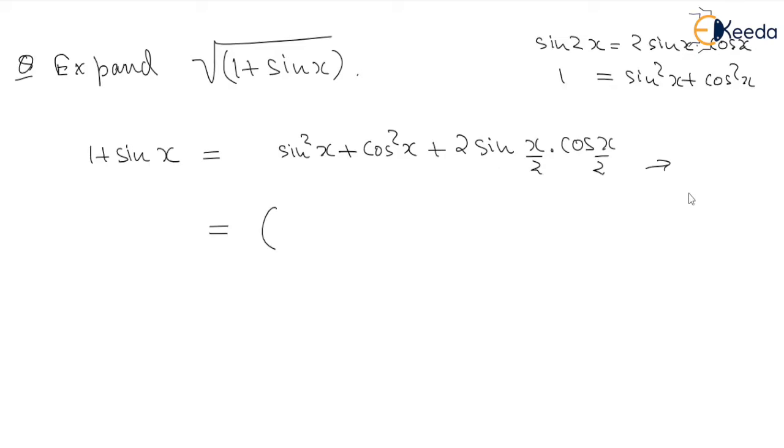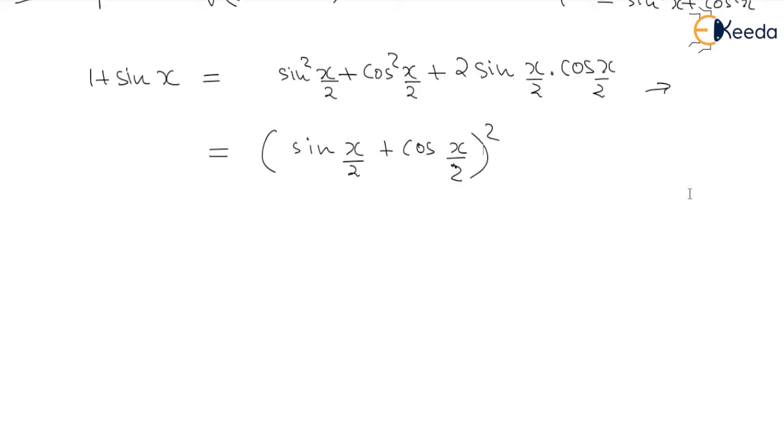So this is going to be, let's write this to be x by 2, x by 2. Now this is fine. Sine square of x by 2, cos square of x by 2. So this becomes sine x by 2 plus cos x by 2 whole square, right?